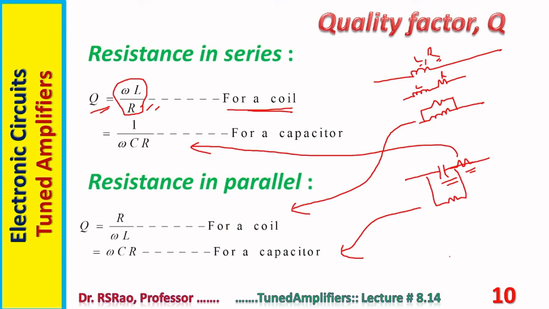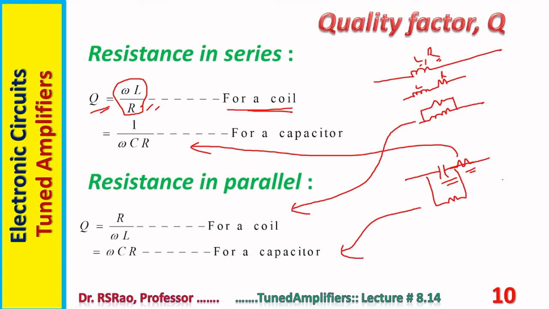Before going further, the point that is required to be understood as far as the discussion in this slide is concerned is that coil and condenser are associated with a certain resistance. This resistance has to be taken into account. It can be taken into account either by placing a resistor in series or in parallel.